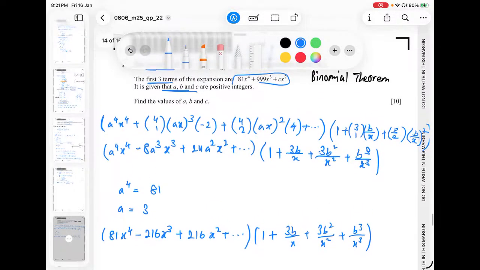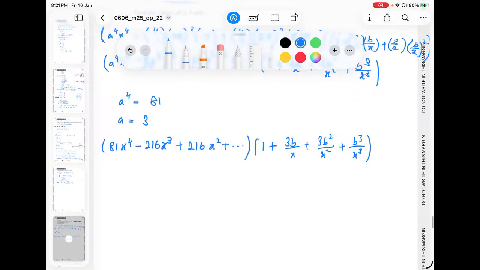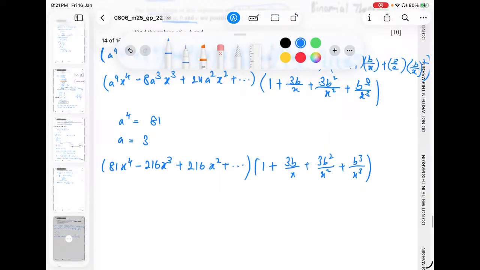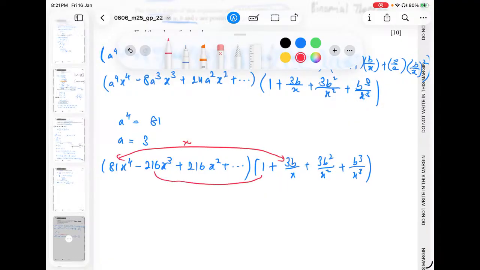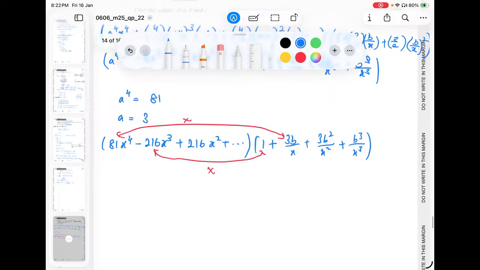So now you need to find the coefficient of x cubed. So the x cubed should give you, when you multiply these two, all these 4 terms, then you will get the coefficient of x cubed.